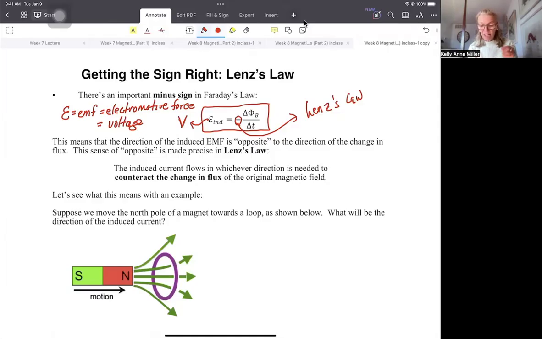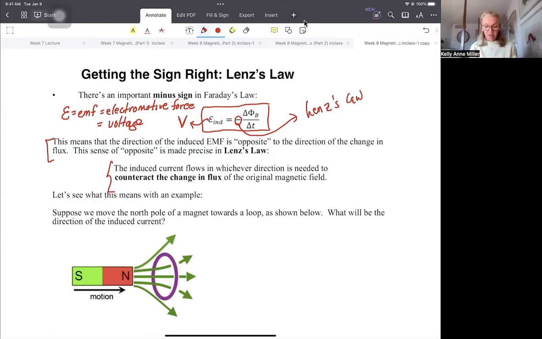That's where the negative comes in. It's telling you the direction of the induced EMF, which causes the current to flow in whatever direction it needs to oppose the change in flux. That's summarized here: the induced current flows in whatever direction is needed to counteract the change in flux of the original magnetic field.